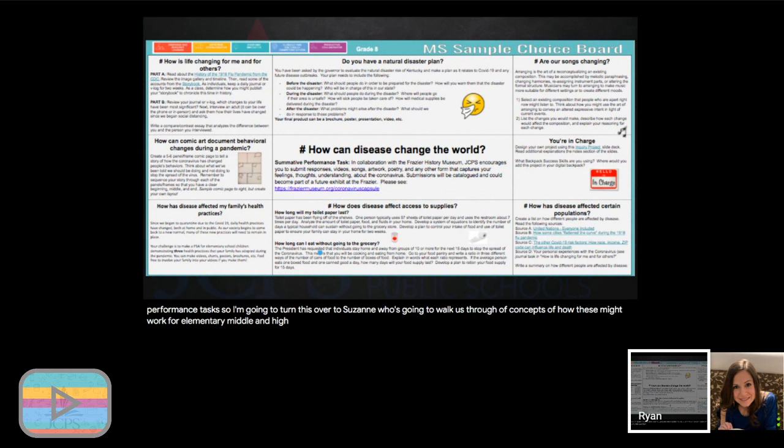And then another piece I wanted to call out about this middle school sample choice board is that we're starting to see up in the left-hand corner and then in the bottom right, you have an ELA and a social studies task respectively. And so what you're seeing here is that these two boxes are beginning to be connected.